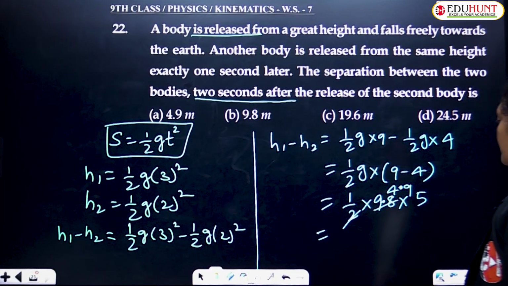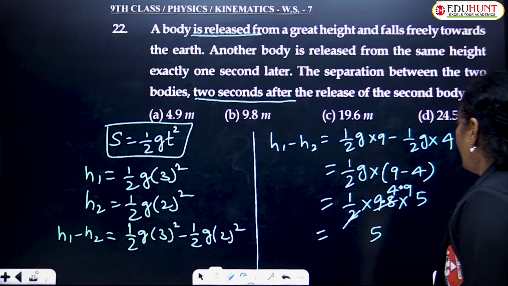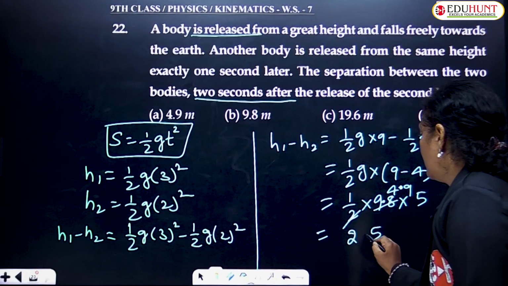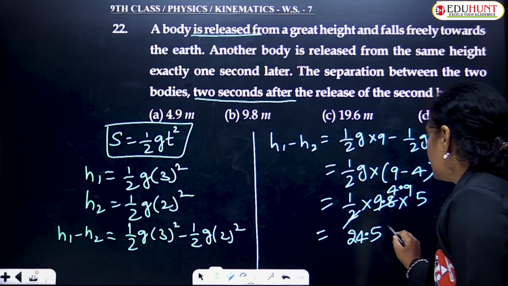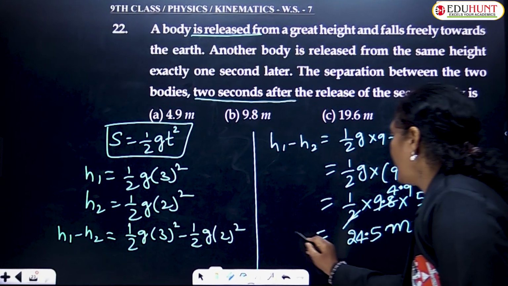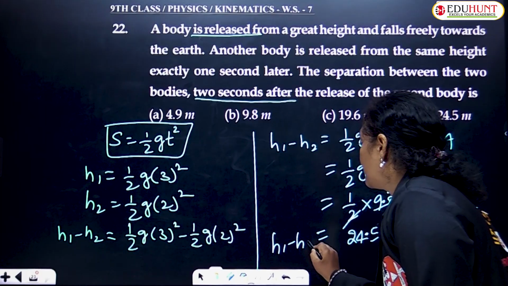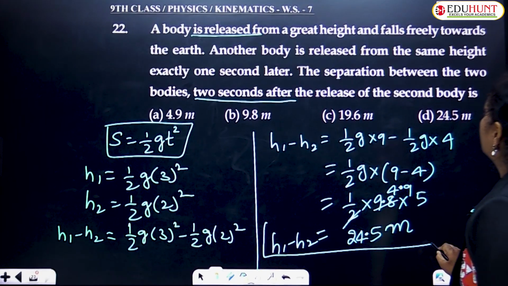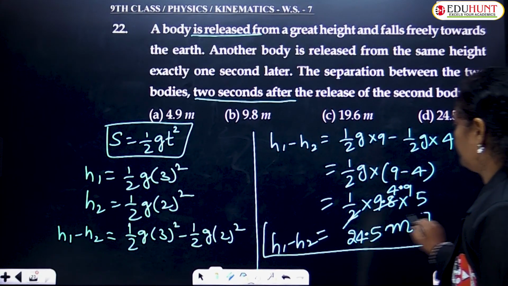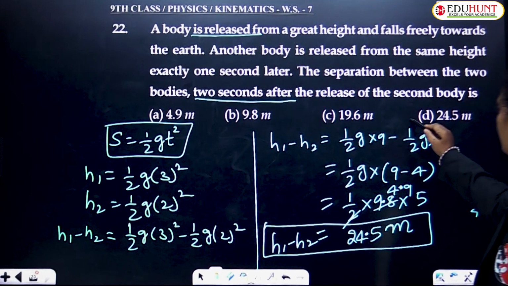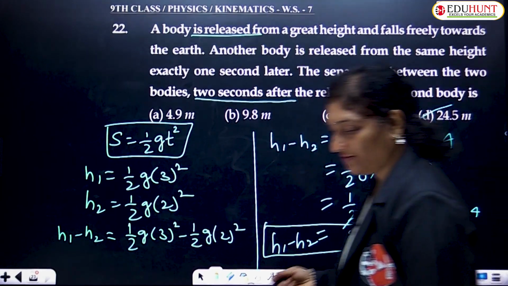So your answer is 4.9 times 5, that is 24.5 meters, the separation between the two bodies. So option number D, 24.5.